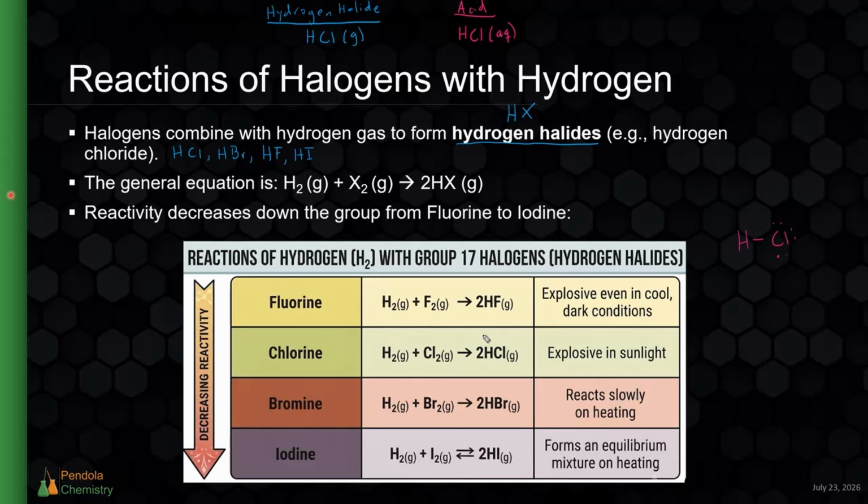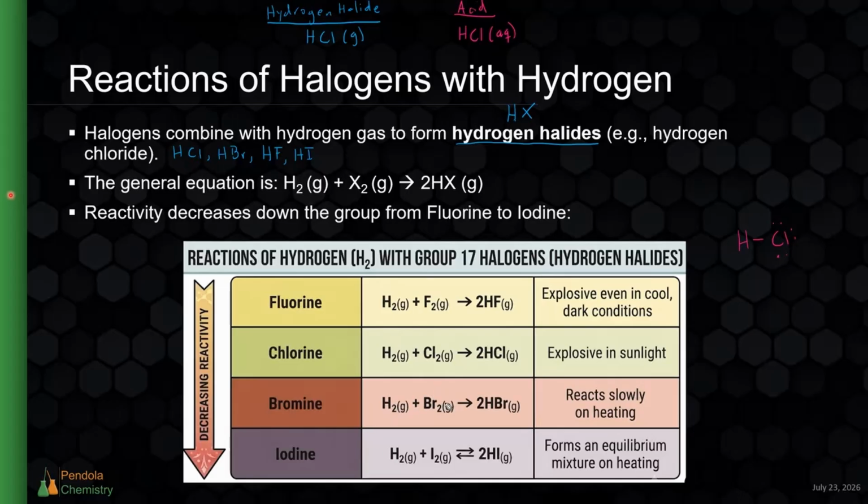With hydrogen and chlorine, the reaction is explosive in sunlight. So if you do this reaction in a cool, dark place, the reaction doesn't explode. But if you do it in sunlight, it explodes. Why? Because chlorine is still very reactive, just not as reactive as fluorine. Once we get to bromine, that's when the reactions become more manageable.